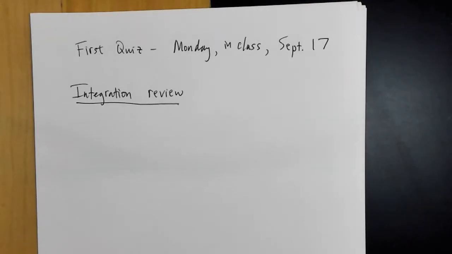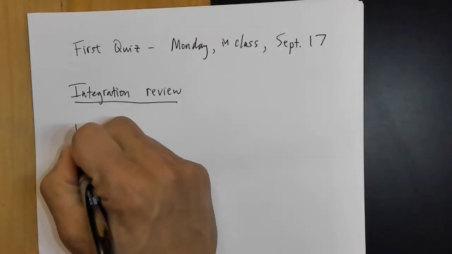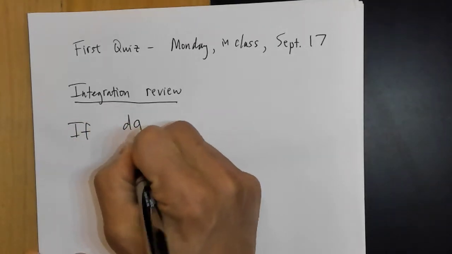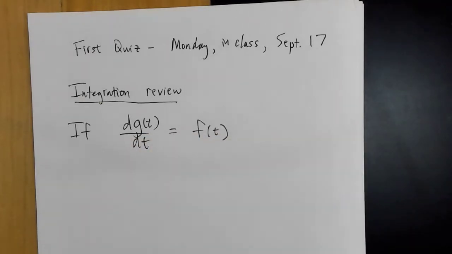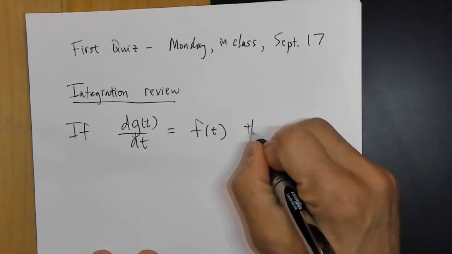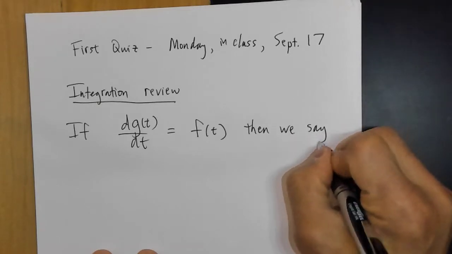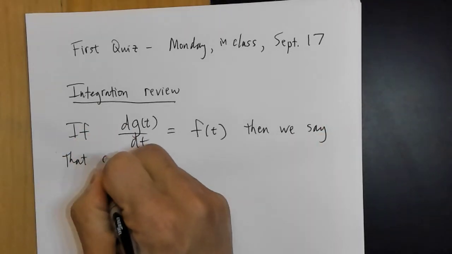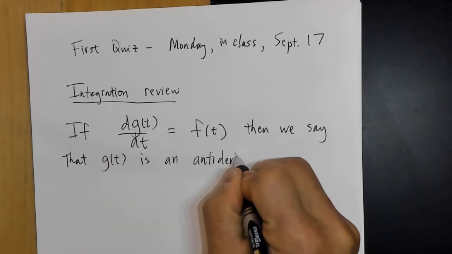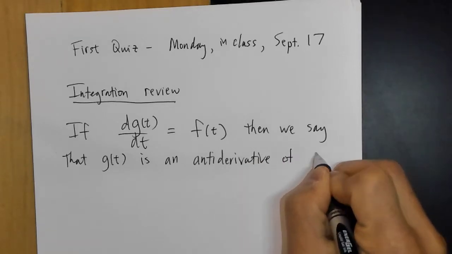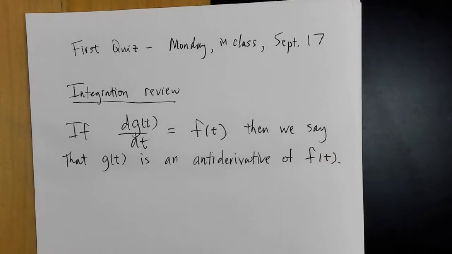All right, so let's suppose I have a function f, that's a function of t, and then I have another function g, that's a function of t. Now, let's say the derivative of g with respect to t is the same thing as f of t, the derivative of g is equal to f of t, then we say that g of t is an antiderivative of f of t, meaning that it's like going backwards.